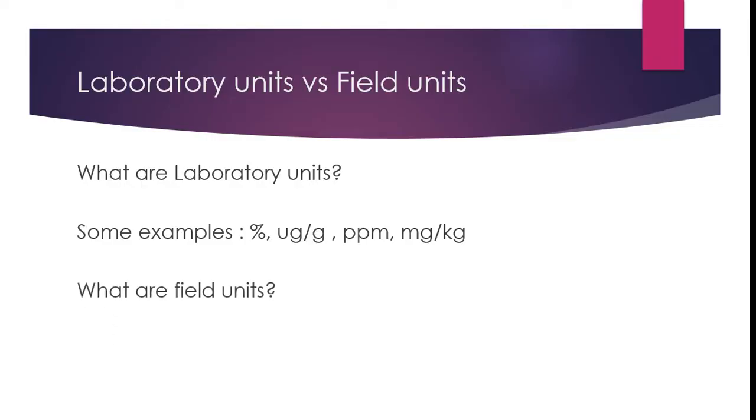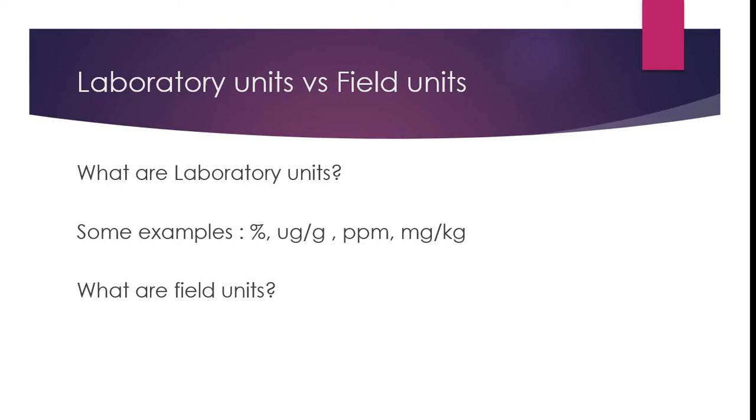Then what about the field units? Field units, as the name sounds, are units of quantities that are measured on the field or with respect to the field. You could have something like yield, which is a unit in agronomy, such as kilogram per hectare.